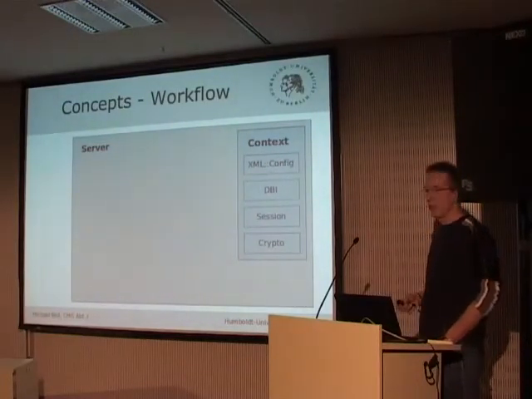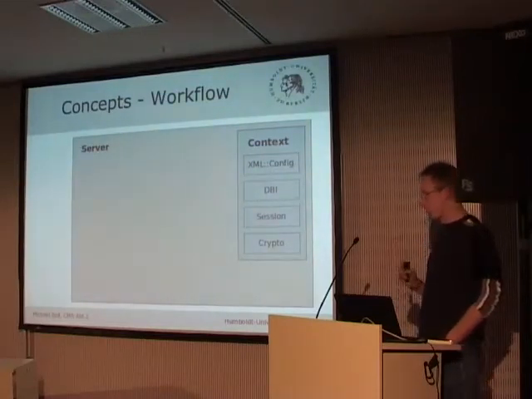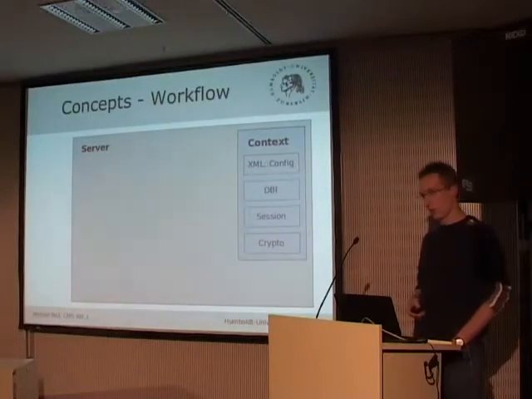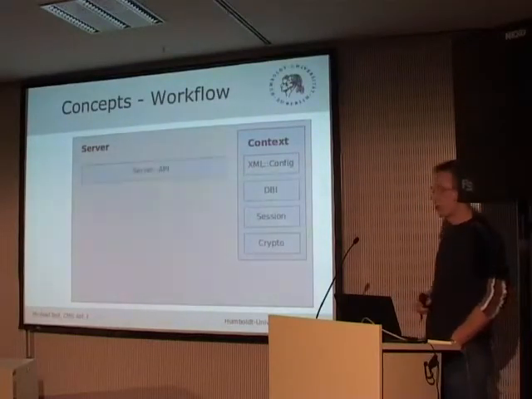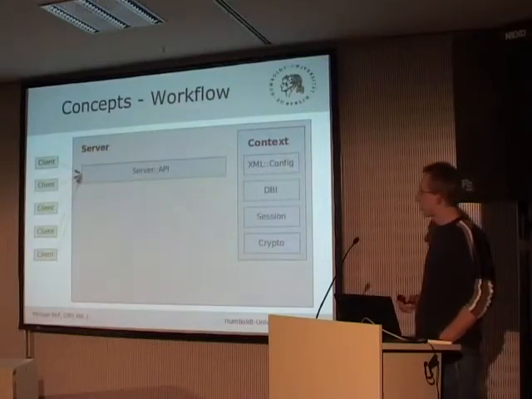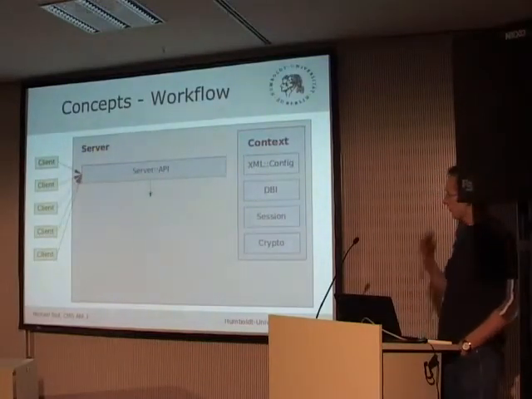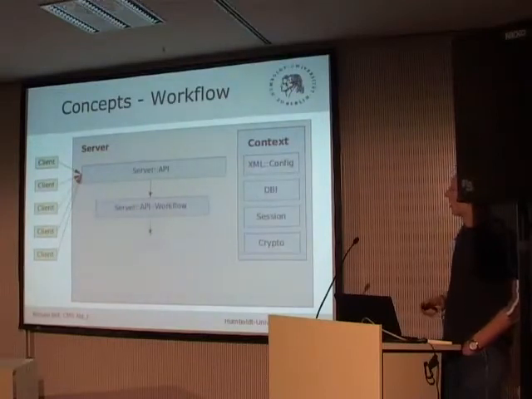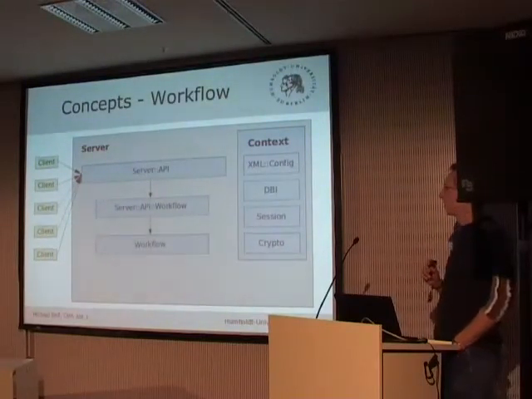DBI is the database interface, which is a little bit modified, but it's the standard interface. We have some session handling, and we have a crypto abstraction. So nothing difficult. Additionally, like most systems, we have a server API. And the server API makes no sense without clients. Now, we have a workflow API, and now the thing will be interesting.